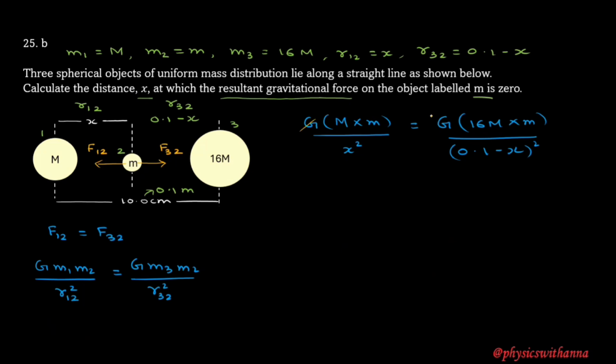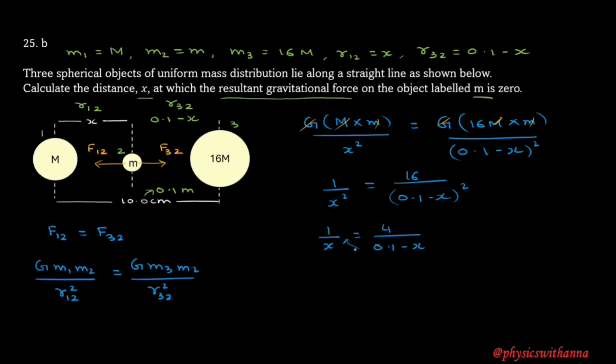I cancel G, M, and small m. Then we write whatever is left. All the terms are cancelled, so we get 1 over x squared equals 16 over (0.1 minus x) squared. Now take the square root on both sides before solving further. So 1 over x equals the square root of 16, which is 4, over 0.1 minus x.